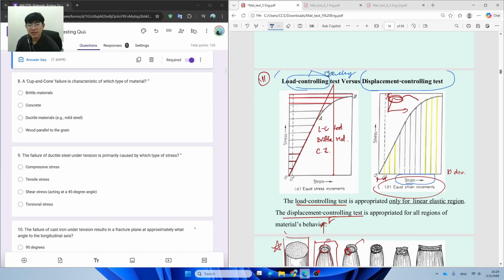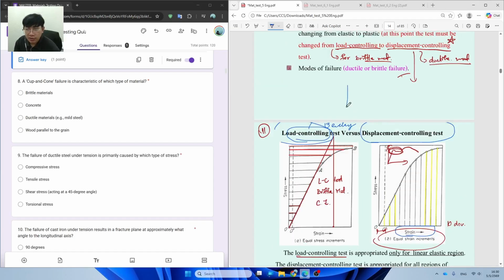But for the load controlling test, for a ductile material such as steel like this, if you use load controlling test, you're going to set the rate of the force. For example, I'm going to record every 10 Newton. Increment means increase. So when it increases every 10 Newton, it's going to record the strain for me at one point.